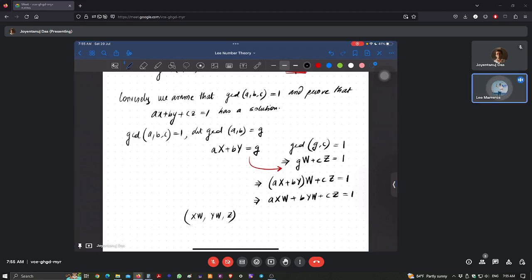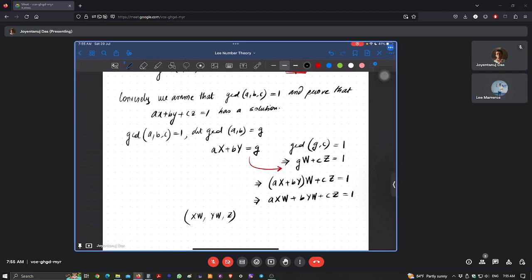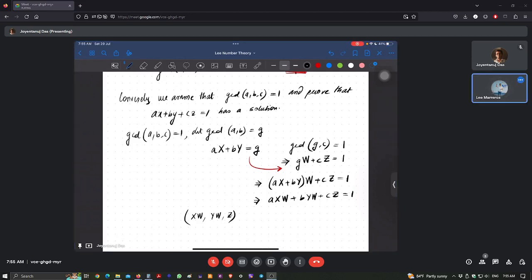So under the condition that the GCD of a, b, c is equal to 1, we have the solution x w, y w, z, where x, w, z are integers, any kind of integer.